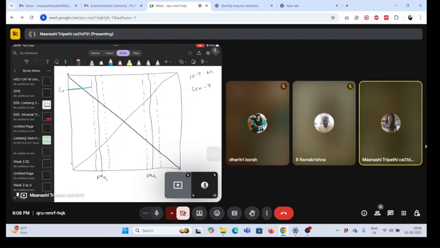After that, there was one curve here, and after the curve, it was parallel to this line. After that, there was again a curve, and then it went something like this. So this is how our H2A was working.